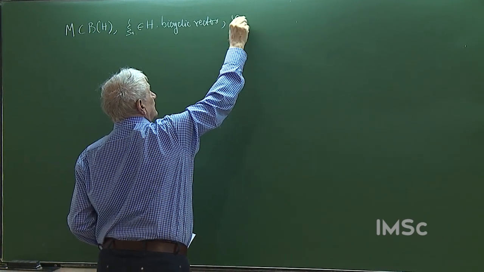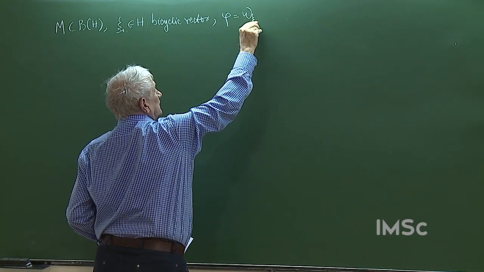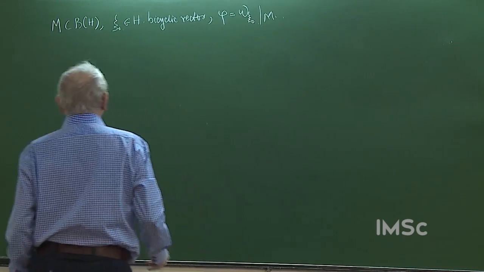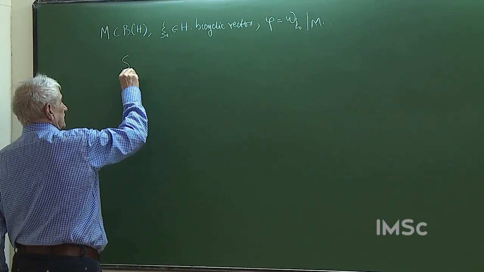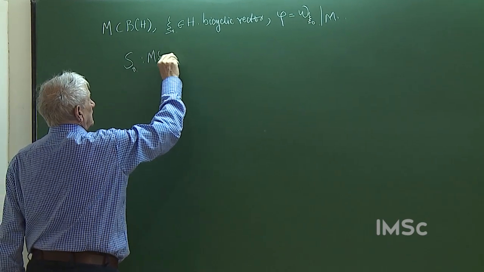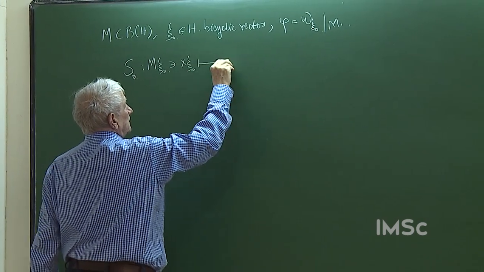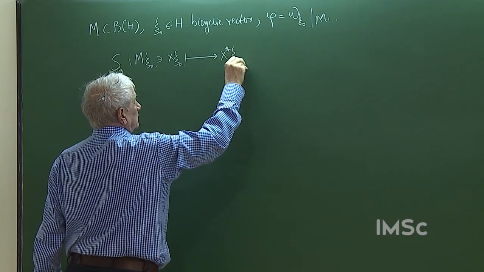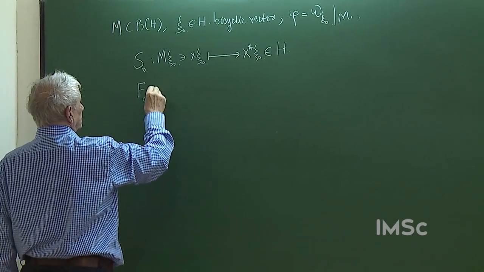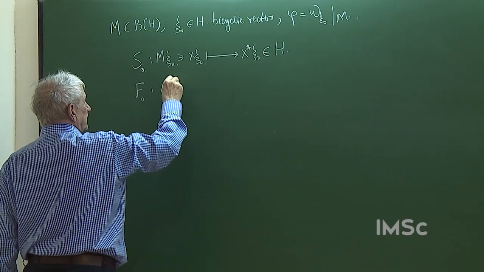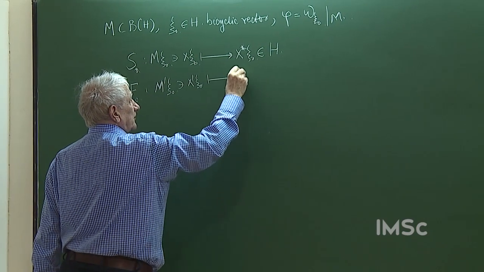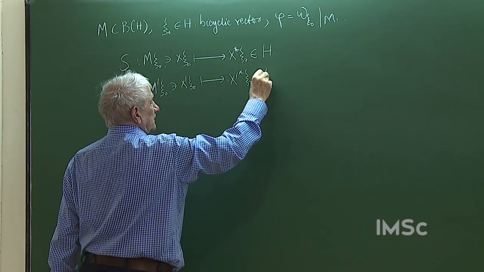I denote by φ the vector state ω_ψ₀ restricted to M. Now let's consider the operator S₀ with domain Mψ₀, taking xψ₀ into x*ψ₀ in H, and also the operator F₀ from the commutant M′ψ₀, taking x′ψ₀ into x′*ψ₀ belonging in H.